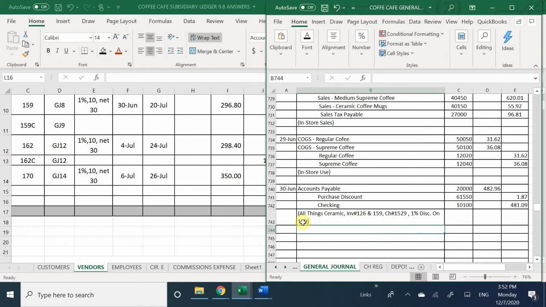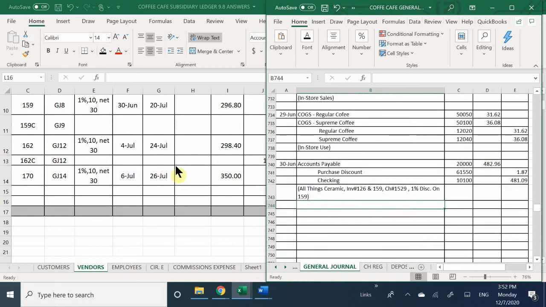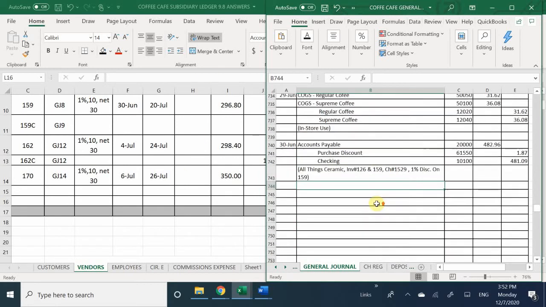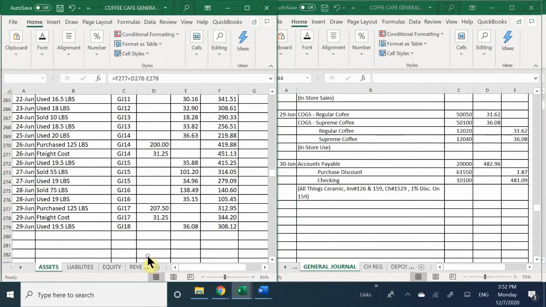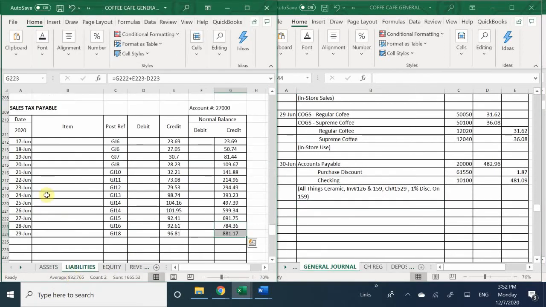Alright, move that, and now we can go to the ledger. Got what account it was, accounts payable.